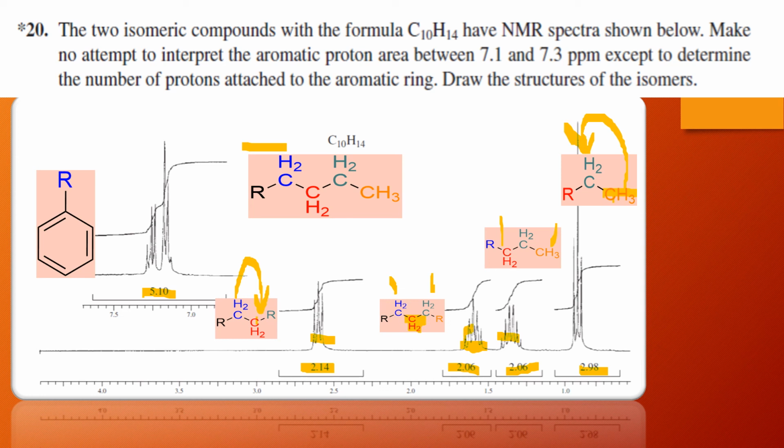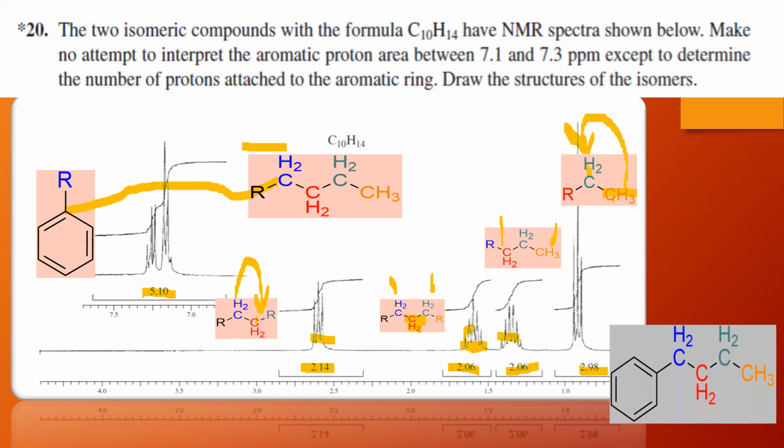You can see here this is CH2, CH3, CH2, CH2 and CH2. Now this CH2 is going to attach here, right? So we combine all the fragments and we get this structure. This is another isomer of this example.